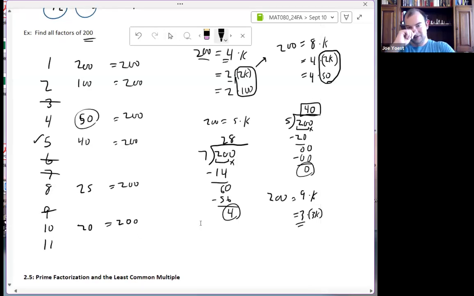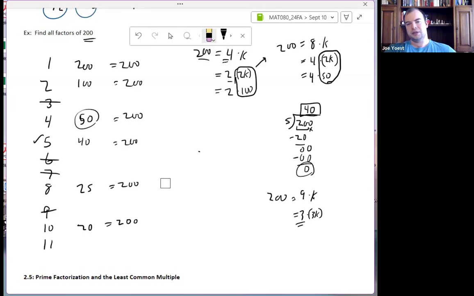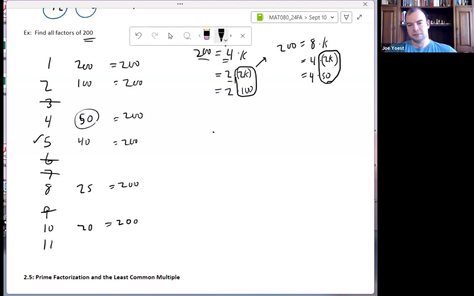What about 11? Let me erase some of this scratch work over here so I can do this one. 11 goes into 20 one time.